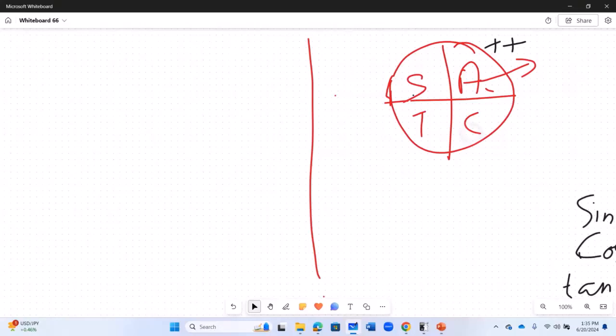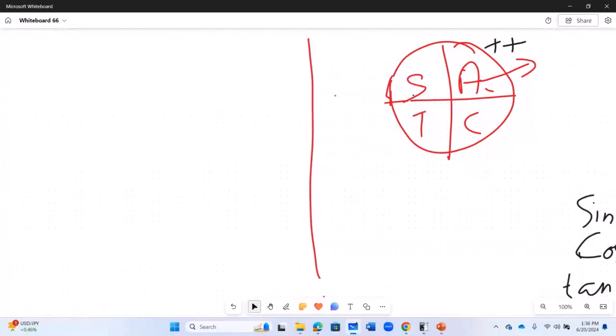In the fourth quadrant, cosine and secant are positive. All other four are negative. So All Students Take Calculus means that in the first quadrant, all 6 trig ratios are positive. In the second quadrant, sine and cosecant are positive only. I'm repeating it so that even if you miss it the first time, you hear it the second time. In the third quadrant, tangent and cotangent are positive. In the fourth quadrant, cosine and secant are positive.